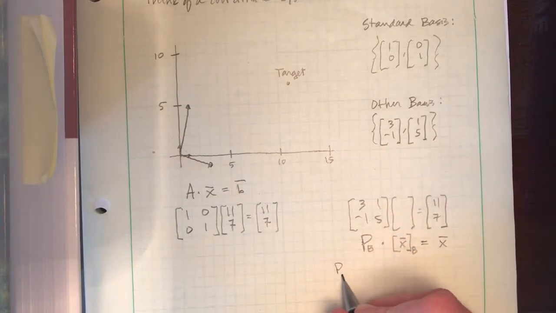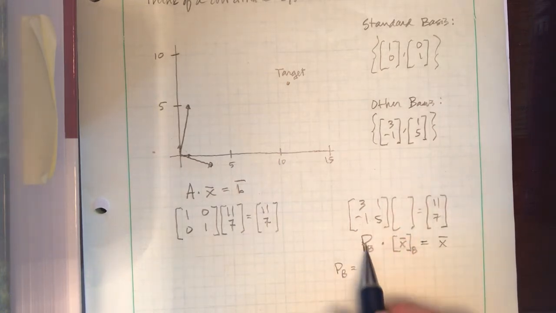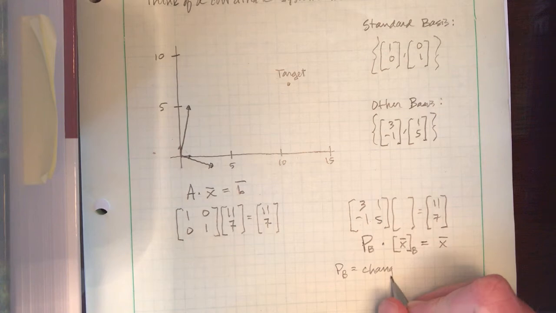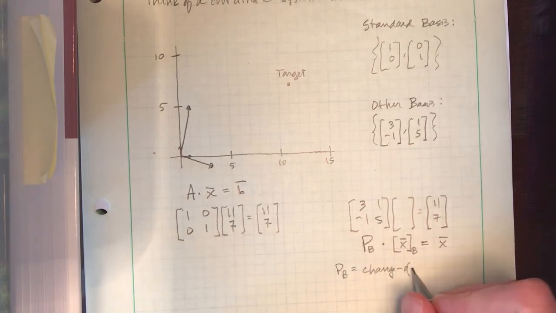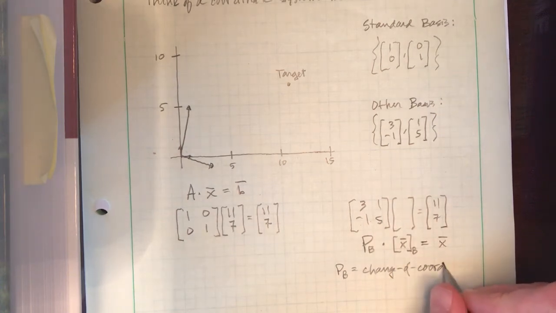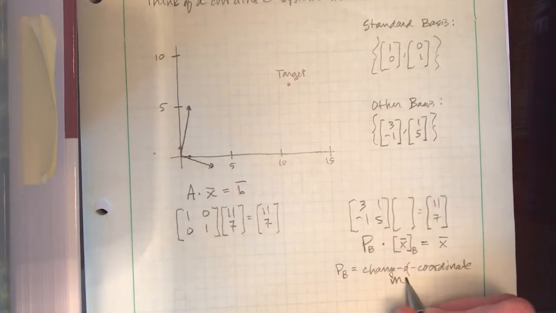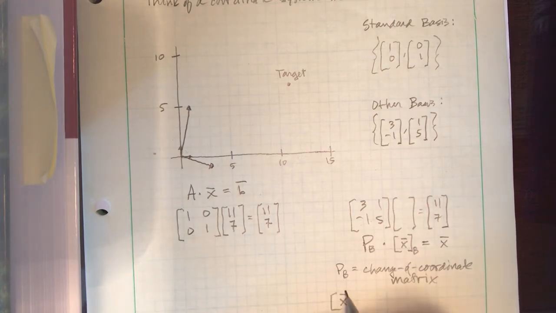So we'll get to that in a moment. Let me restate what the P matrix is called. Our book calls it the change of coordinate matrix, and this X bar sub B is called our coordinate vector.